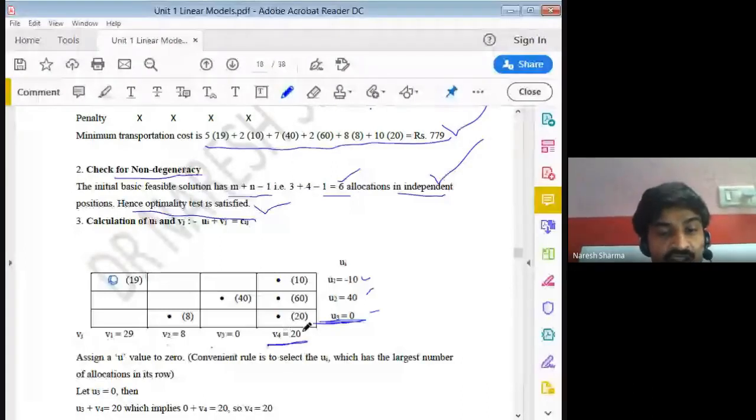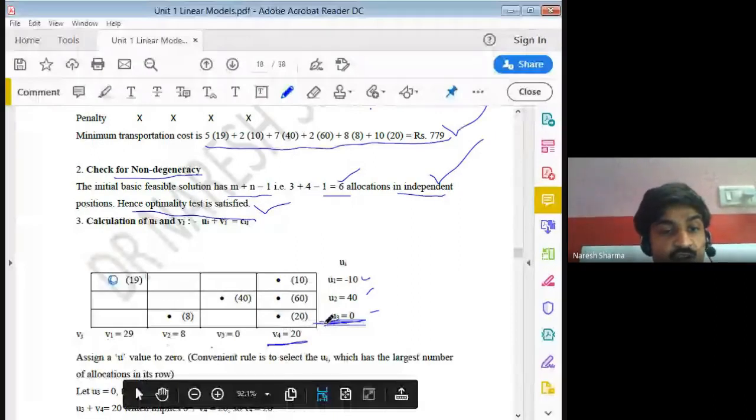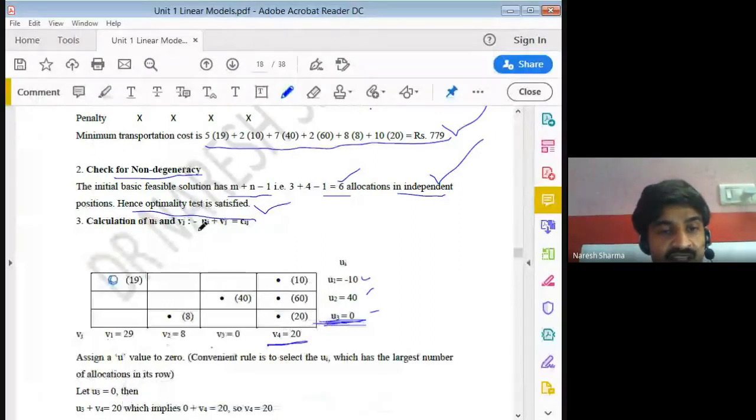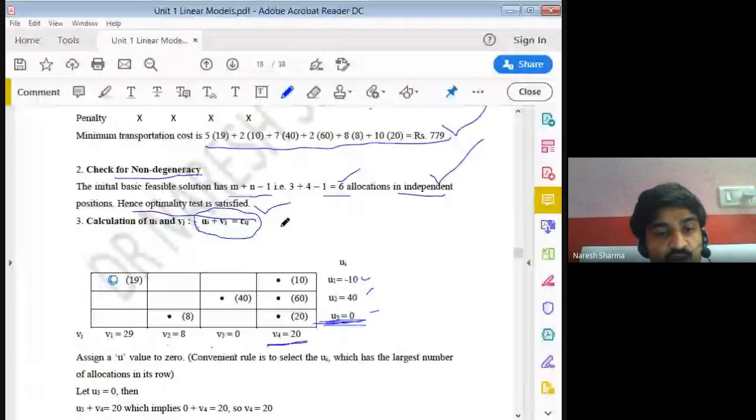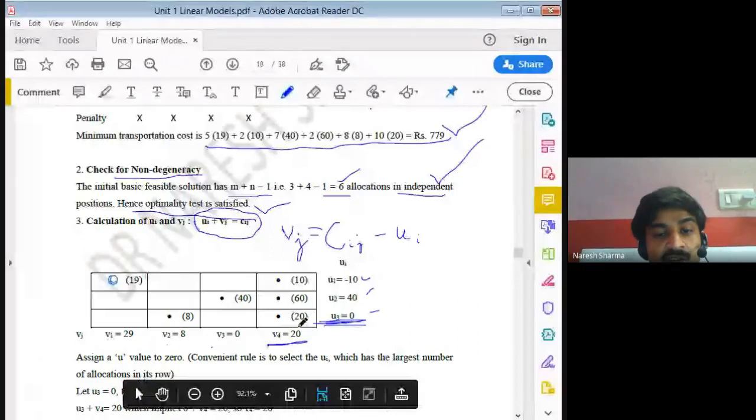So once u3 is 0, the formula says we choose ui and vj in such a way that their sum is equal to Cij. That means if we have u, then v is Cij minus ui. Similarly, if we have v, then u is Cij minus v. So here the cost is this Cij, and u is given to us.